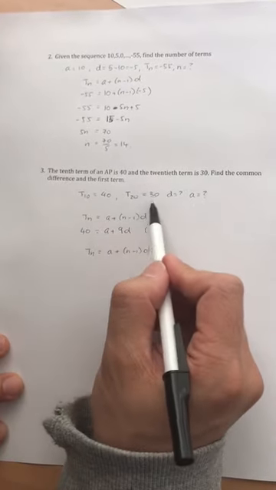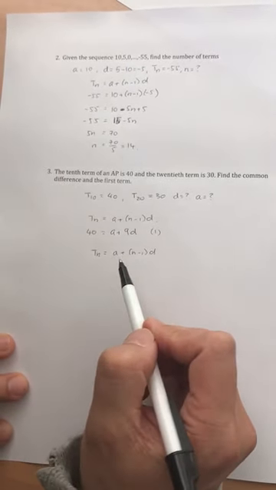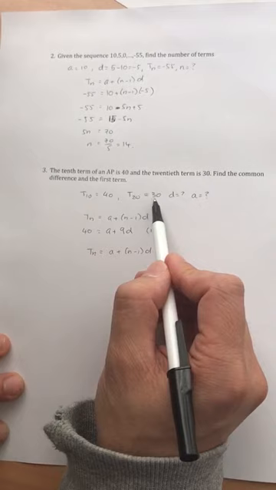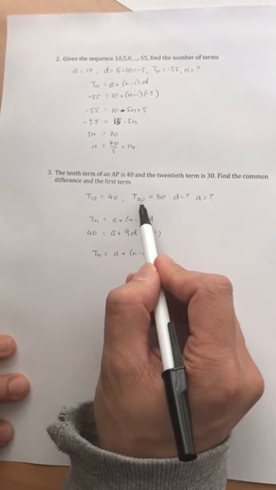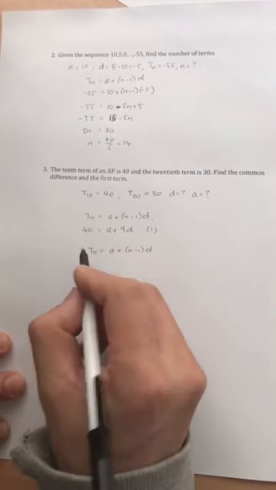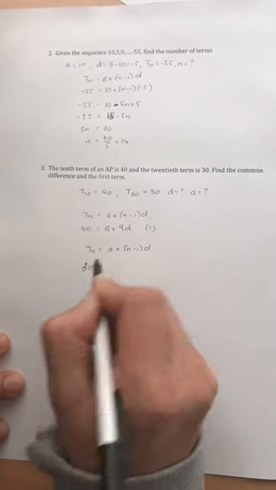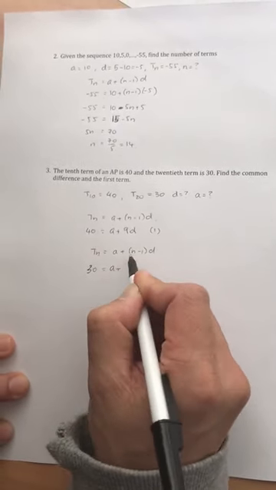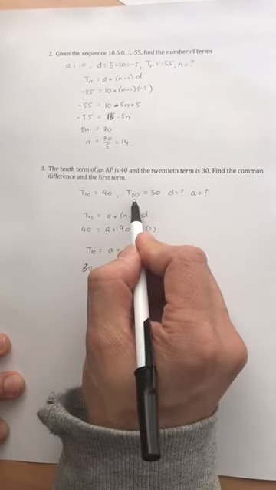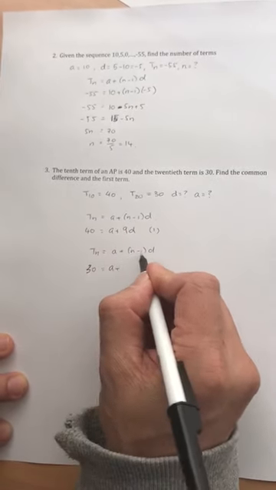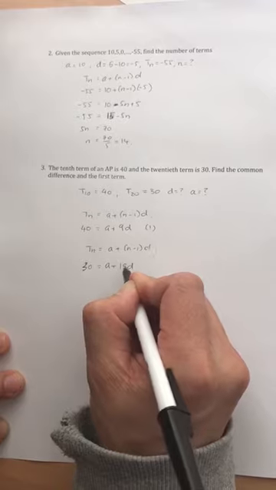When we substitute this into our equation, we need to remember that T20 is 30. So that means that n is equal to 20. So subbing it in, we get T20, which is 30, equals A, we don't know, plus n, we do know. N is 20. So that's 20 minus 1 is 19 times D.